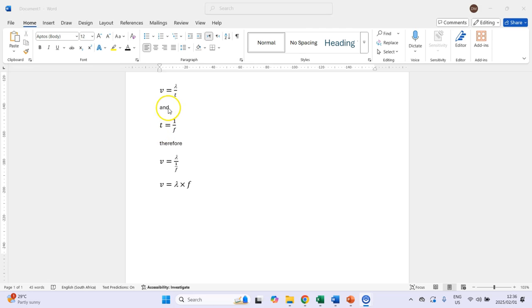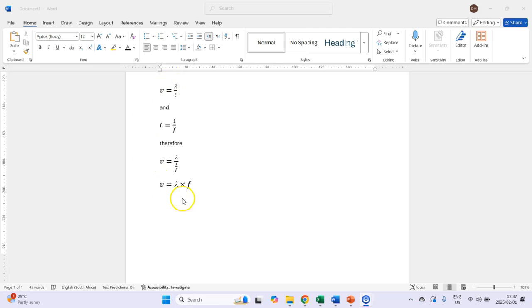Now, because the period over here is equal to 1 over frequency, we may replace this T over here with 1 over F, because period is 1 over frequency. And we may rearrange this to get wavelength times frequency.